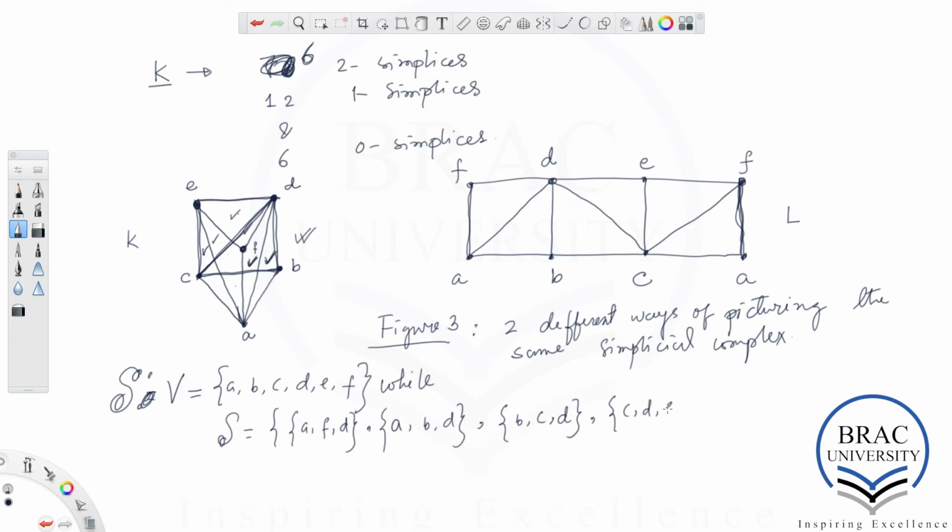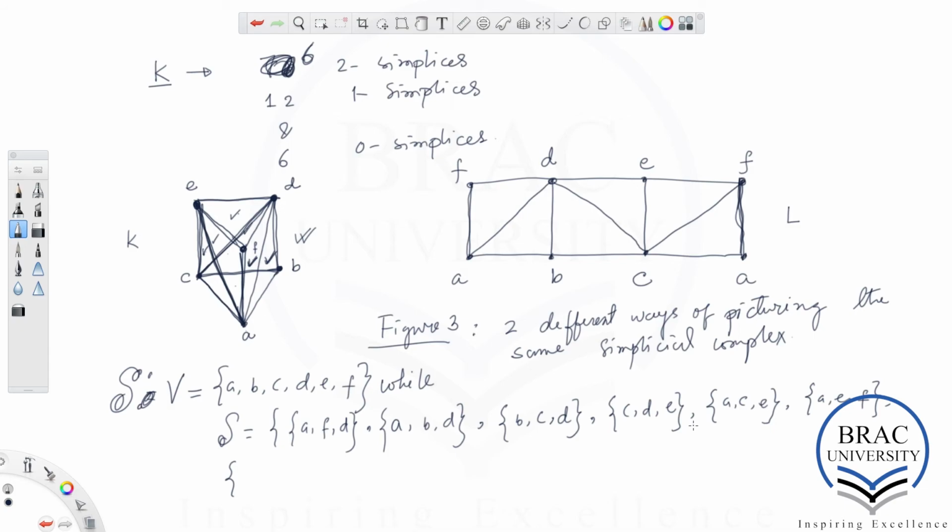Following which we have ACE. ACE is this triangle, and then we have AEF. AEF is this triangle. So these are the 6 possible 2 simplices.